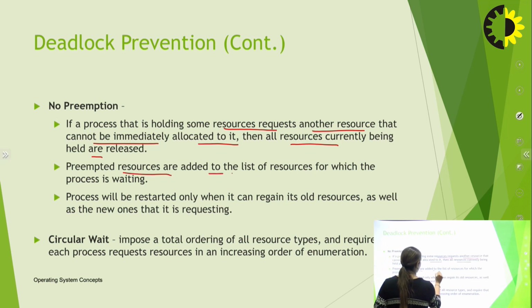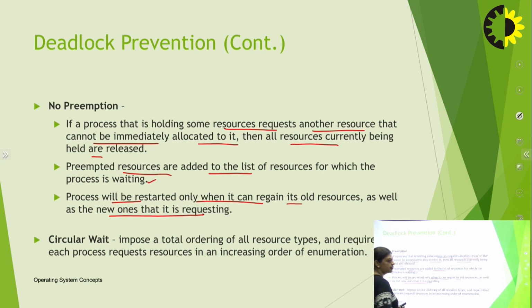Preempted resources are added to the list of the resources for which the processes are waiting. So we have in a way taken the resources from the process, and we can declare that these resources are free and can be acquired by some other processes that are waiting for them. The process will be restarted only when it can regain its old resources as well as the new ones that it is requesting.